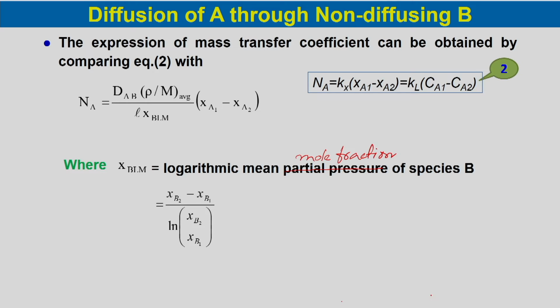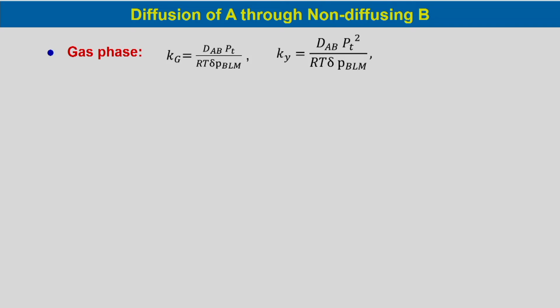Of species B, which is xB2 minus xB1 divided by ln xB2 by xB1. In case of gas phase, we can define Kg is equal to dAB Pt by RT delta PBLM.